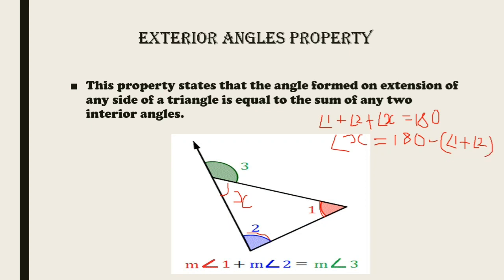Now you can observe here that angle x and angle 3 form a linear pair of angles. So here one more equation we can write, that angle x plus angle 3 is equal to 180 degrees.